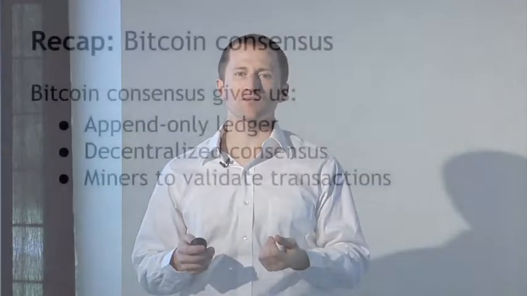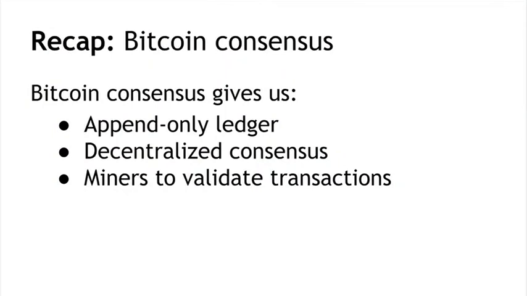So to recap where we left off last time, the Bitcoin consensus mechanism gives us an append-only ledger, a data structure that we can only write to, and once data is written, it's there forever. And there's a decentralized protocol for establishing consensus about the value of that ledger.